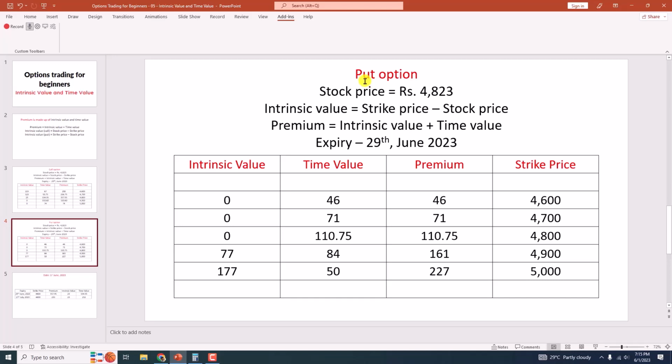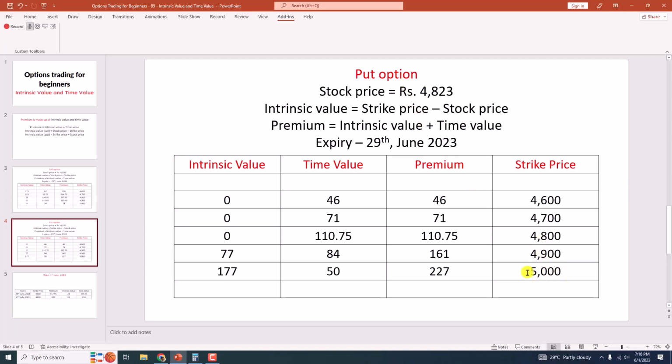Now, if I am a buyer of put option and I buy this strike priced option today, and it expires as soon as I buy it, will I go to the option seller and say, hello seller, I have an option to sell the stock at 5,000 rupees? Will I do that? Put option means option of selling.